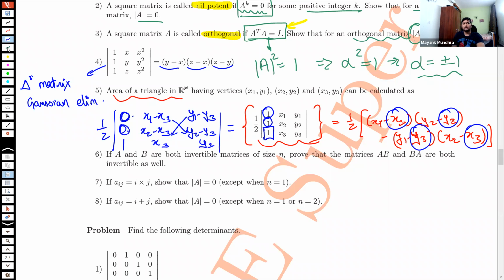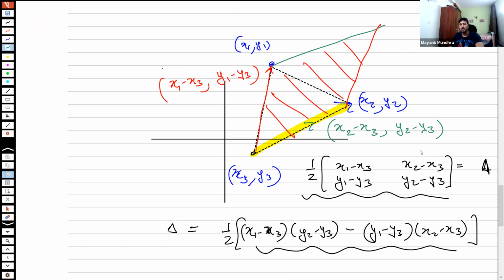Okay. So obviously this part is a bit tricky. This question is a little tricky because it requires you to equate this thing to this thing, and reaching here is a little difficult. But in the exam they can ask you, because you know that a determinant is the area of the parallelogram.